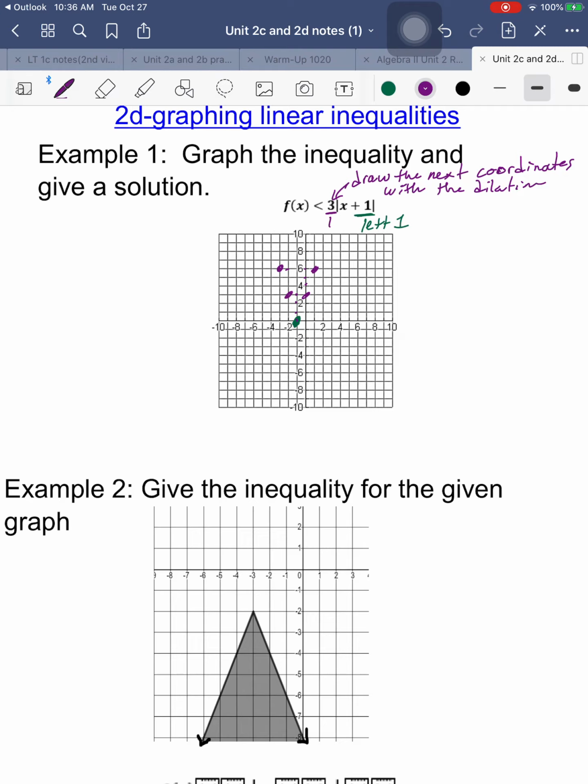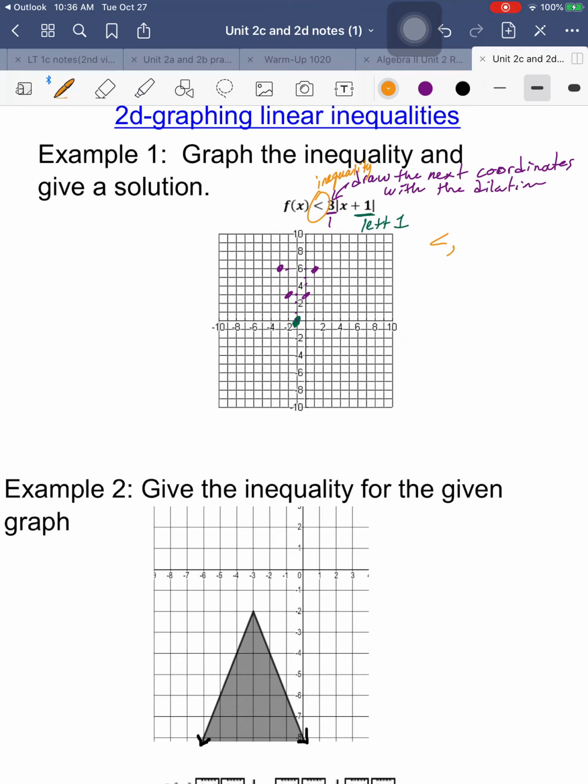The next, we're not going to draw a solid line, because we have inequalities now. Inequalities doesn't automatically mean solid line. The only way you can represent an inequality on a graph and tell the difference between a less than or equal to is by drawing a dashed or solid line.